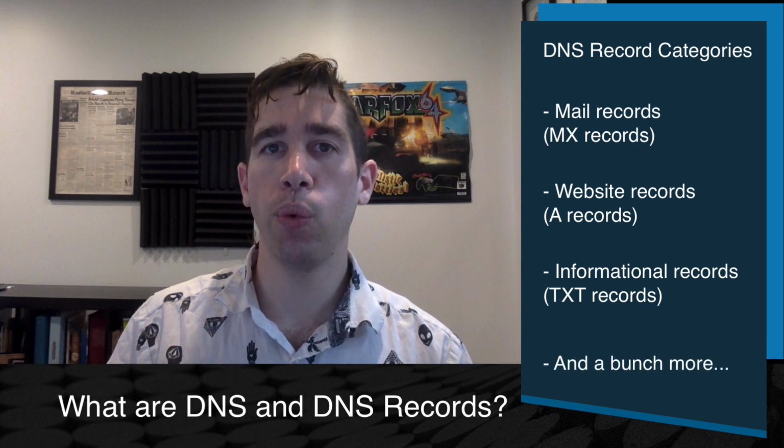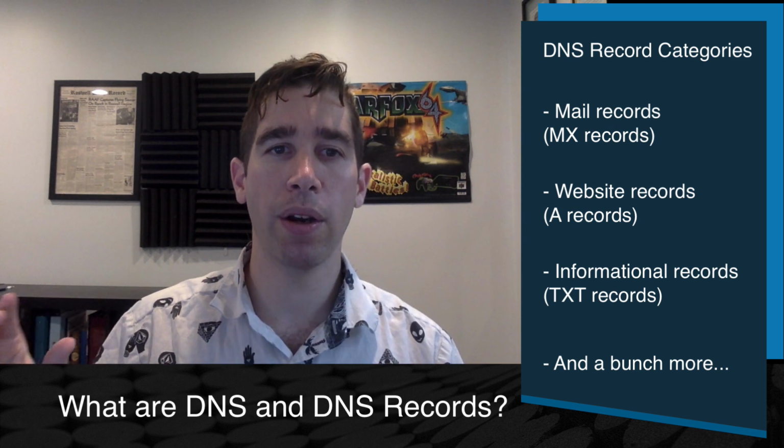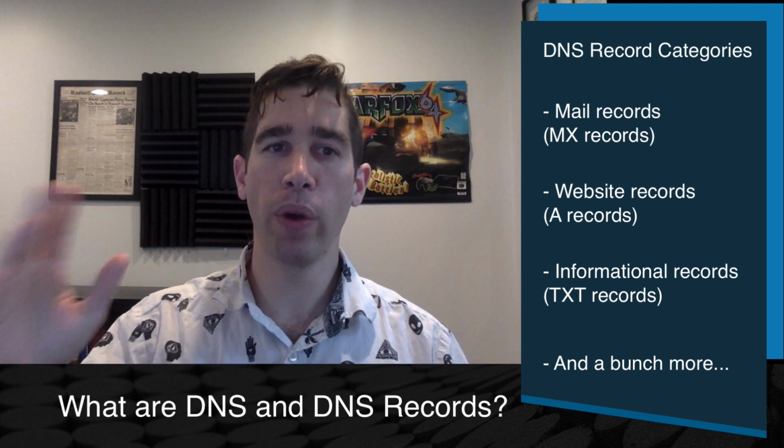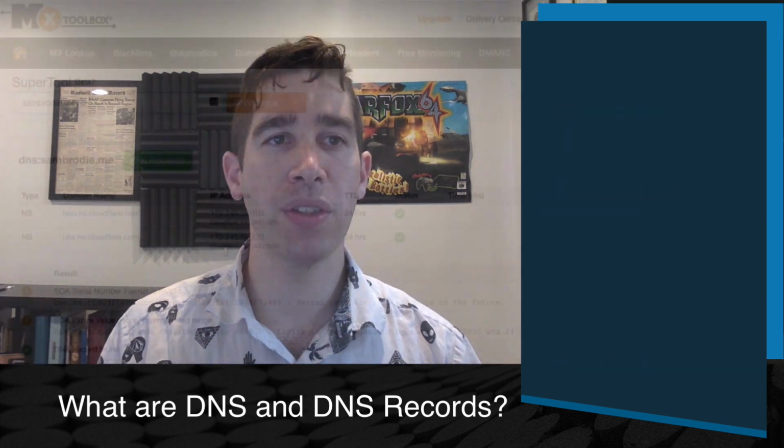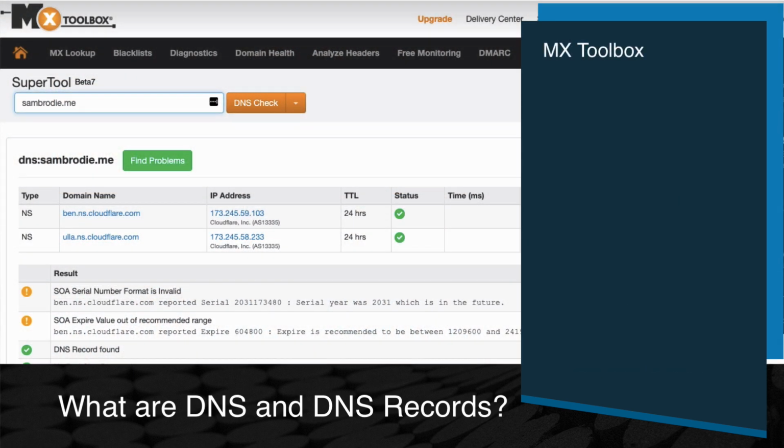Typically, there are a few components to each record, and now I just want to show you real quick an example of a DNS record, and this is using one of my favorite tools. It is called mxtoolbox.com. It is a lookup tool that helps you find different DNS records related to a domain.